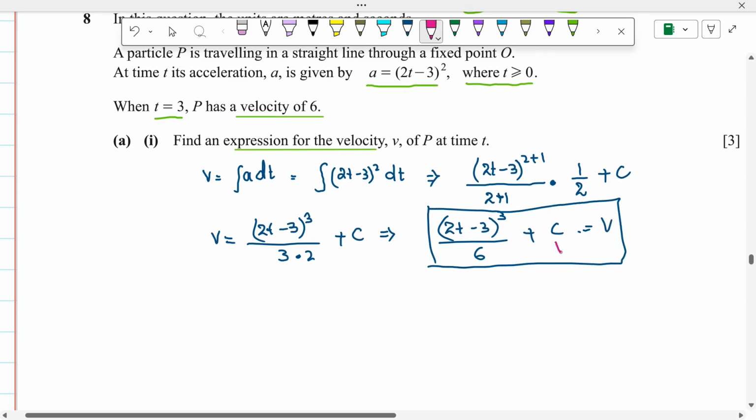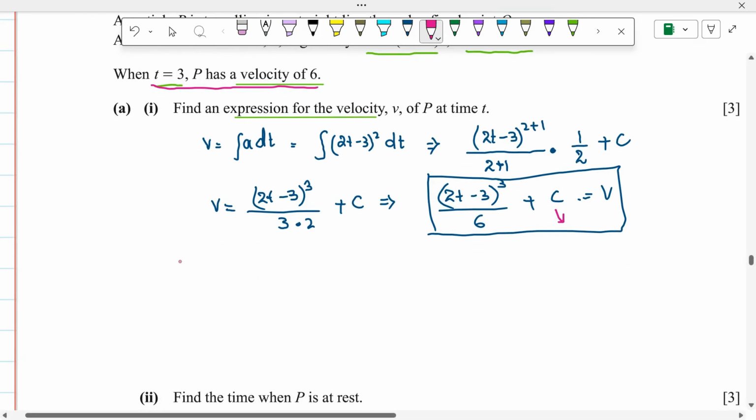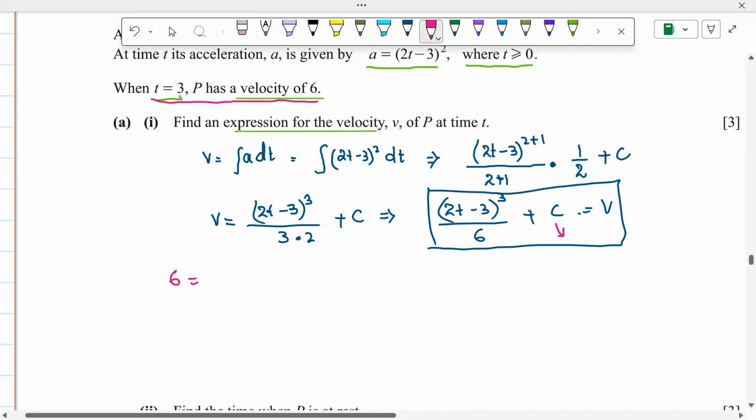But this unknown constant should be calculated by using the data given. It says that at time t = 3, the velocity is 6. So we can use this information to find the value of c. So velocity is 6 when t = 3.